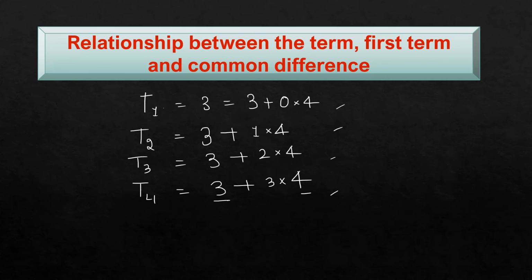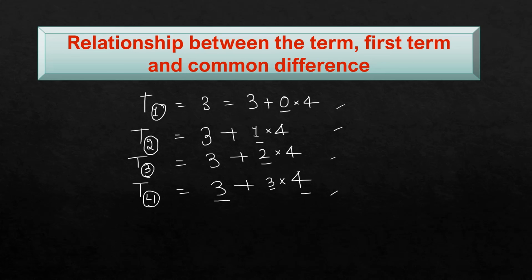When I talk about the first term, I see 0 over here. When I talk about the second term, this is 1 over here, meaning 1 less than 2. If this is 3, we see it is 2, meaning 3 minus 1, which is 2. When it is 4, this is 4 minus 1, which is 3.